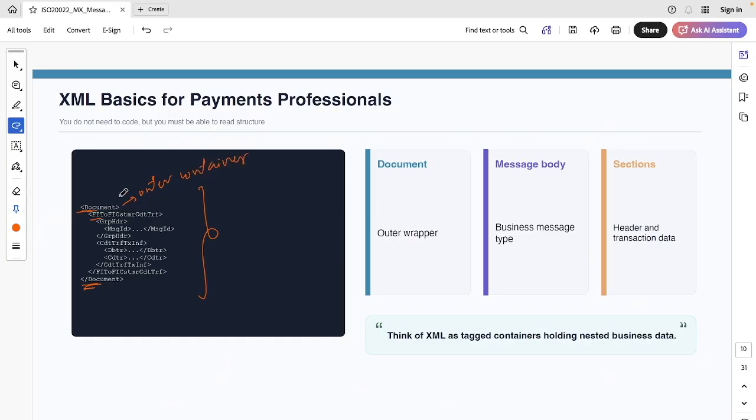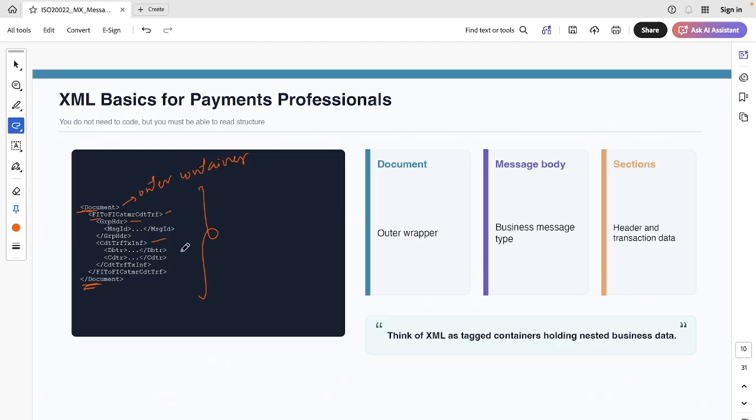Then the FIToFICstmrCdtTrf tag tells us this is an FI to FI customer credit transfer. Group header gives you the message level header details. Credit transfer transaction information gives credit transfer transaction details.